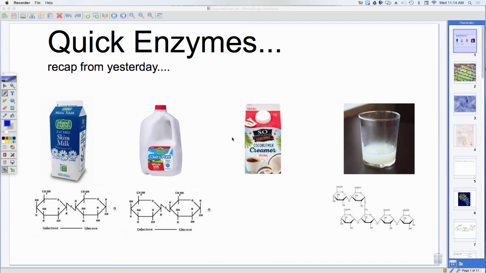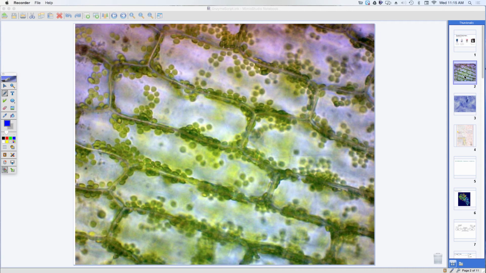So just a quick reminder to you, when we look at the world of life, life is cellular. And in this case here, we're looking at plant cells. You can tell they're plant cells because of the cell walls. But in addition to having cell walls, you can see these organelles inside. These organelles are chloroplasts.